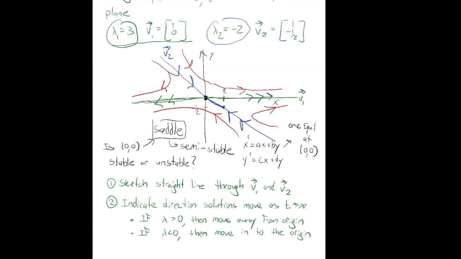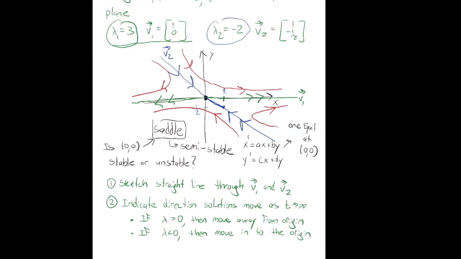Any questions? There was a question that just came in: how did I determine the direction of the vectors? On the blue and green lines, that was determined by the sign of the eigenvalue. On the green line, we've got this vector, and since the eigenvalue here is positive, that's why these go out.